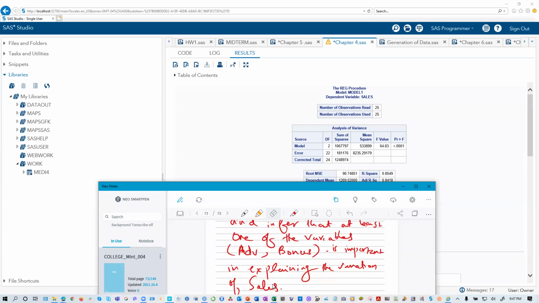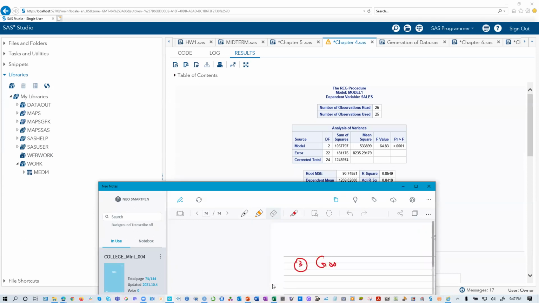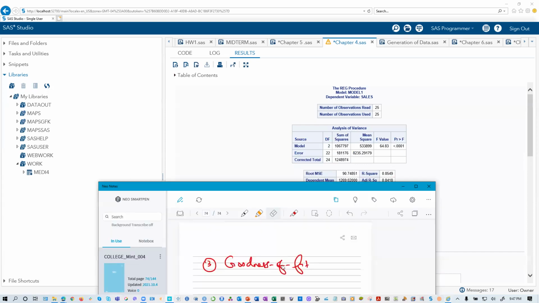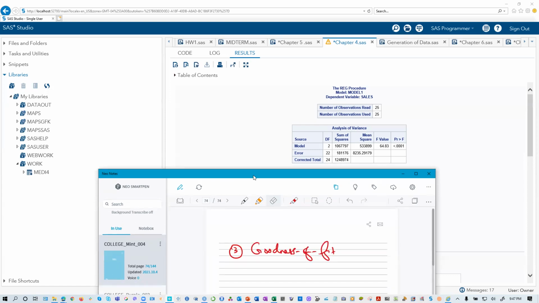How well the data fit that particular model. That's what is called the goodness of fit. Its counterpart is called the lack of fit. We're going to come to lack of fit to tackle the worst scenario later on, but for the time being, goodness of fit can be tackled by R squared.